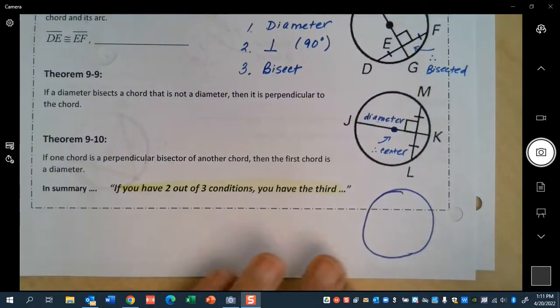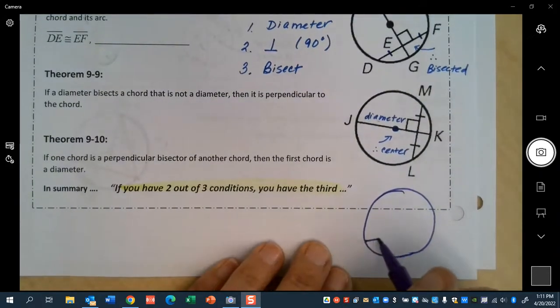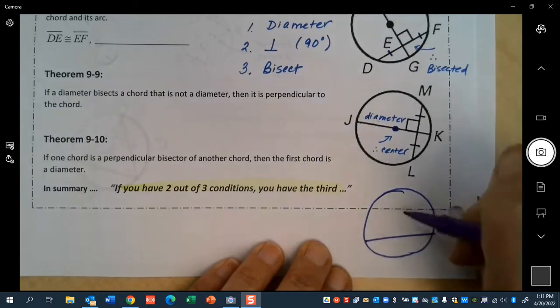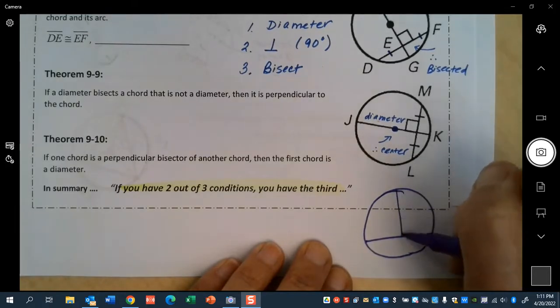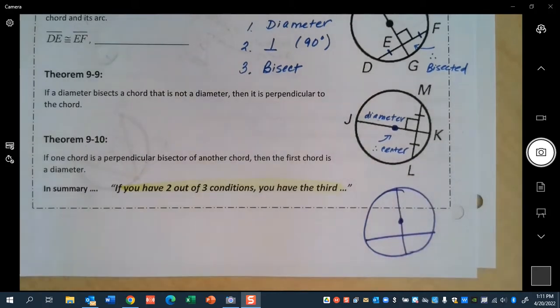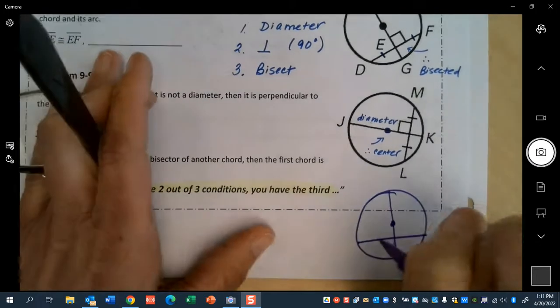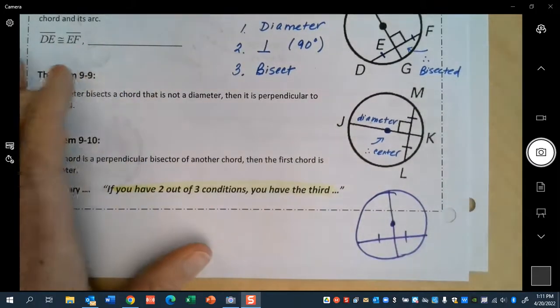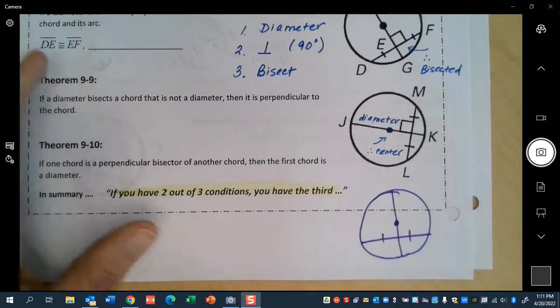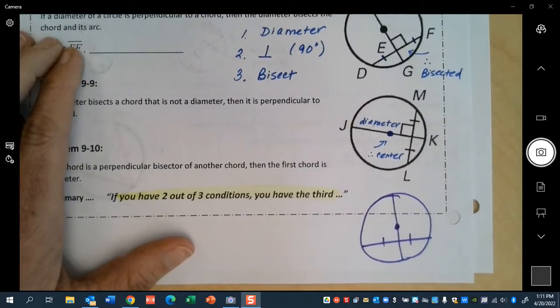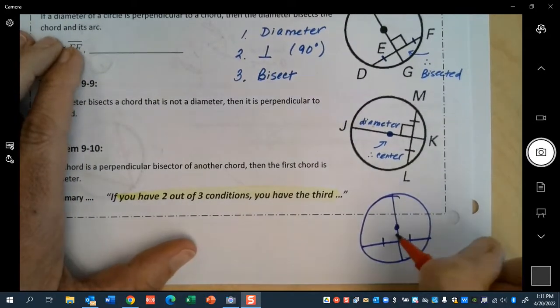Which one am I missing? If I have a diameter that bisects a chord, what do I know is true? It's going to be perpendicular.